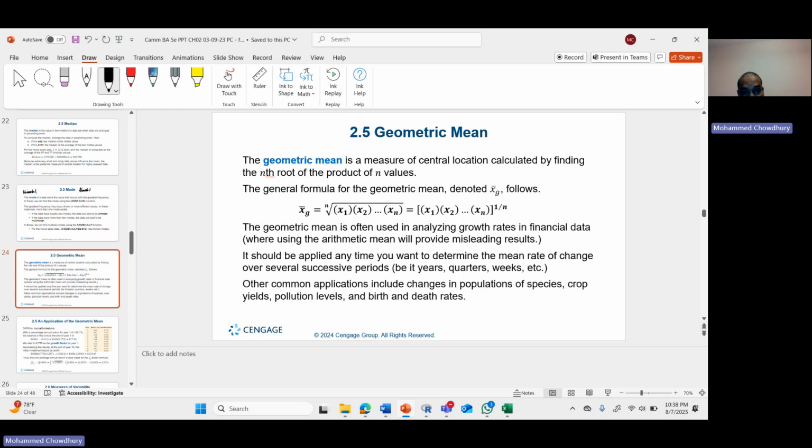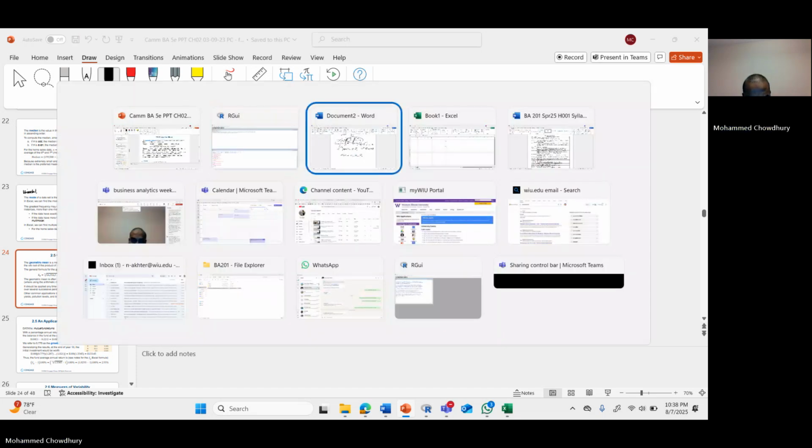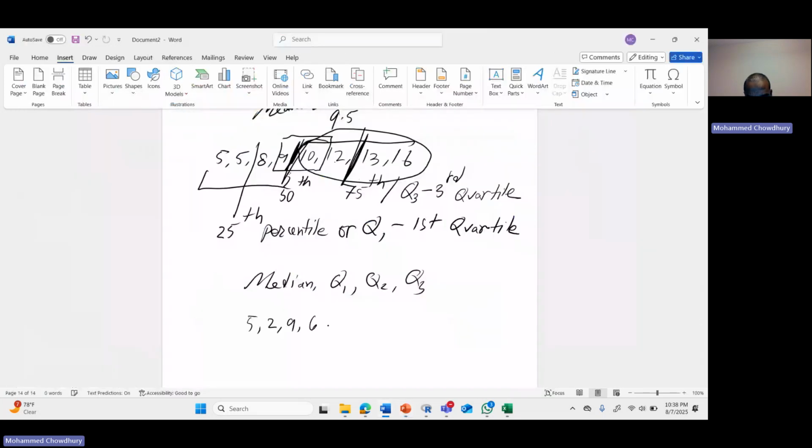For example, if I have data like 5, 2, 9, 6, then I have to do 5 times 2 times 9 times 6, that means 10 times 54, which is 540. And then raise it to the power 1 over 4.